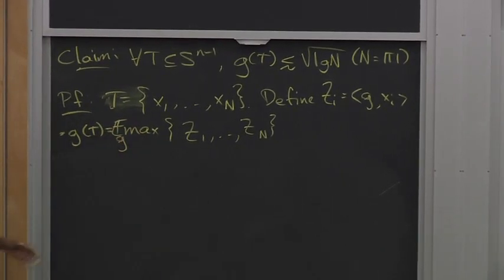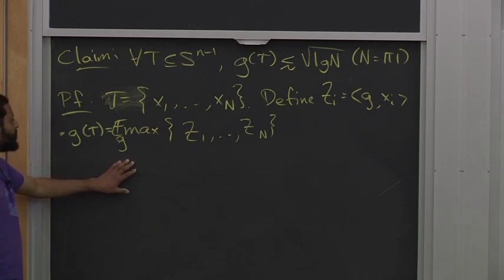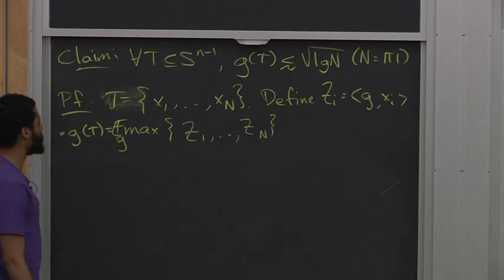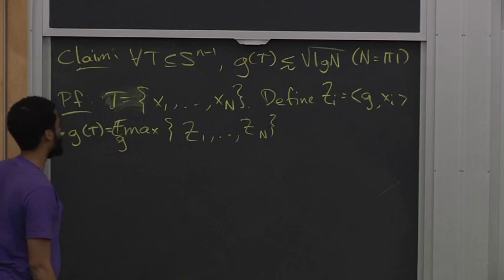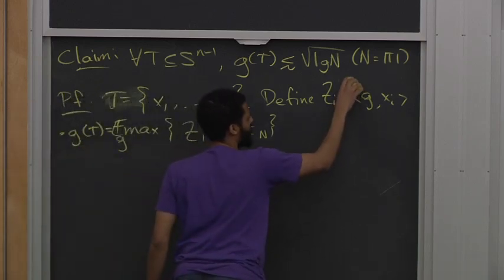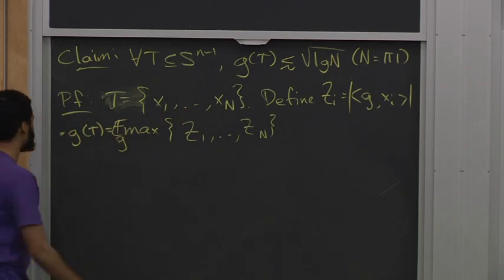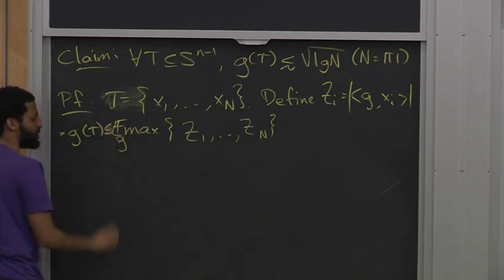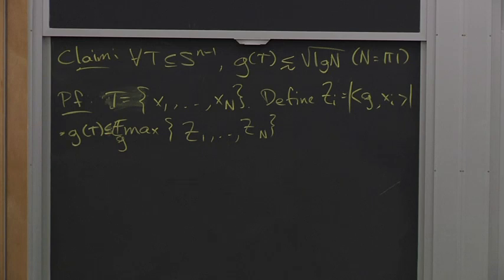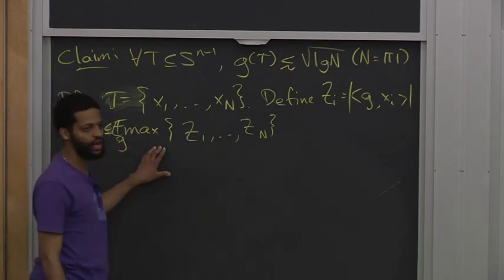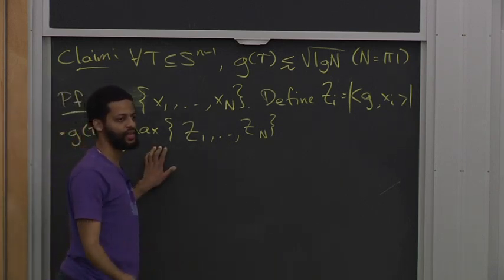Let me actually even just put absolute values here. So these are all non-negative. So g of T is at most this, right? And whenever you have the expectation of a non-negative random variable, it's the integral of the tail bound.